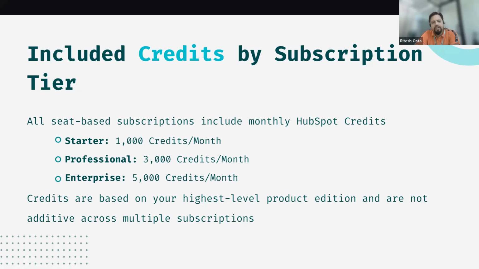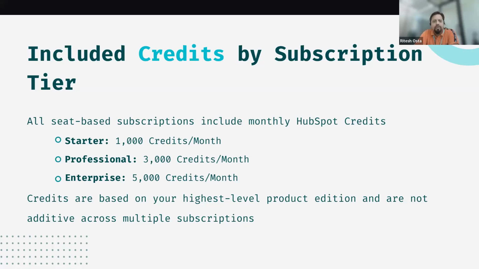The pricing is not very clear for enterprise, but it can be anywhere between $15,000 a year to $50,000 a year, depending on what you need. So that's the free credit that you're going to get if you take any one of these packages.